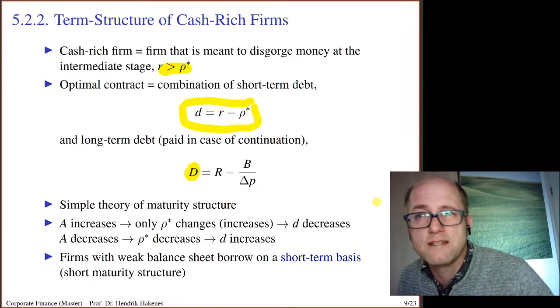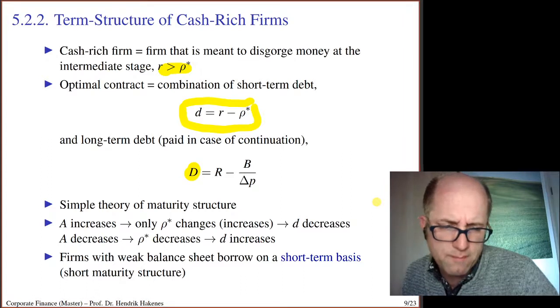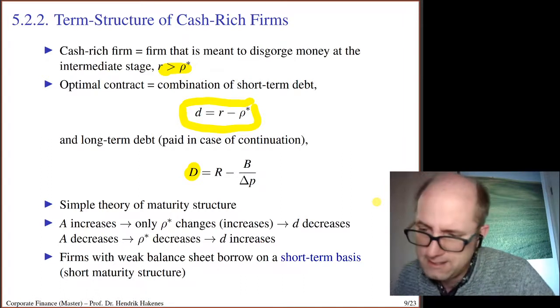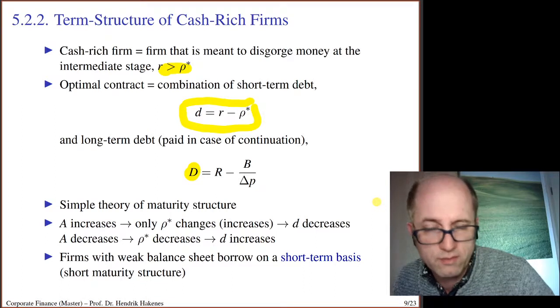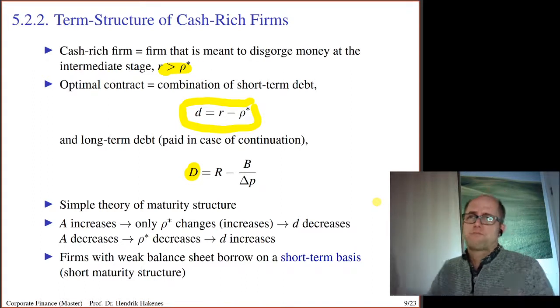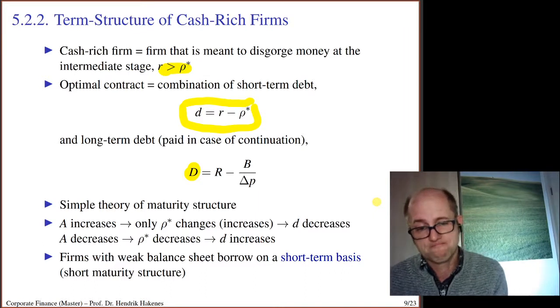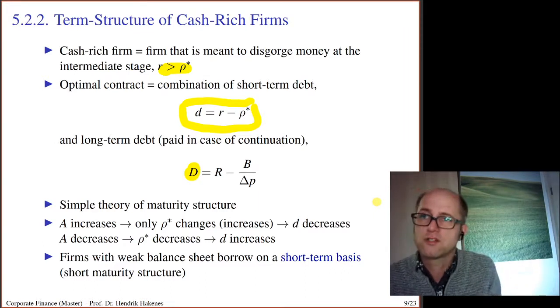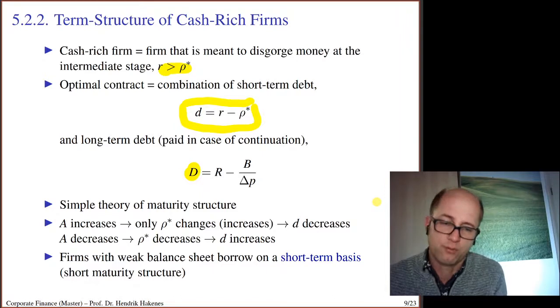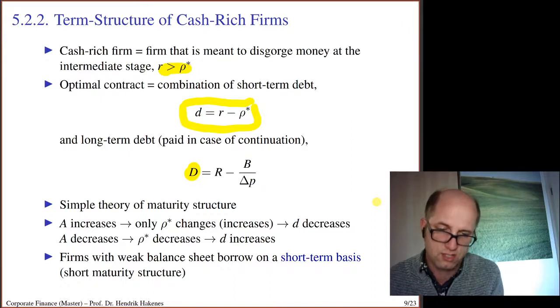Of course, we would also have to prove it because we cannot be 100% sure about that, because the lowercase d, the moral hazard problem B over delta P, is also part of the lowercase d. So we would have to be a little bit careful here and prove it again. We didn't do the proof for that yet. But we can see all of these parameters, and many of them have a proxy in the data, and they have a consequence for the term structure, or the maturity structure, of the firm's debt.